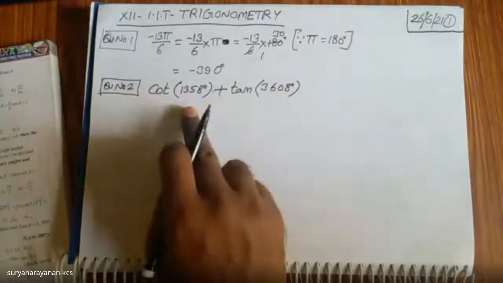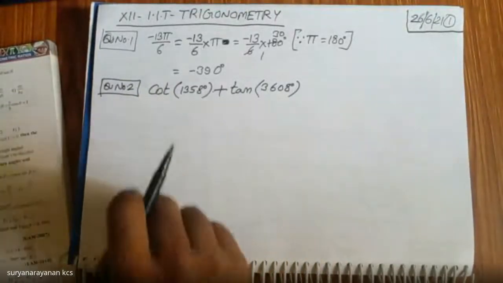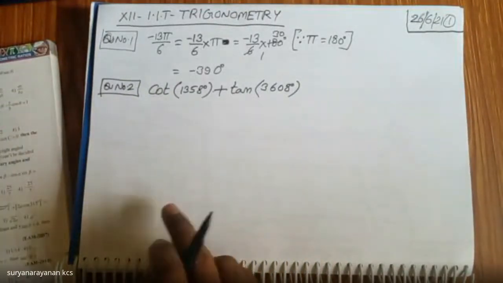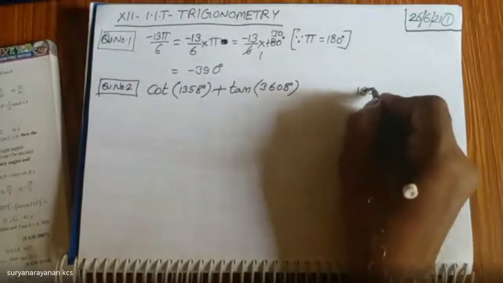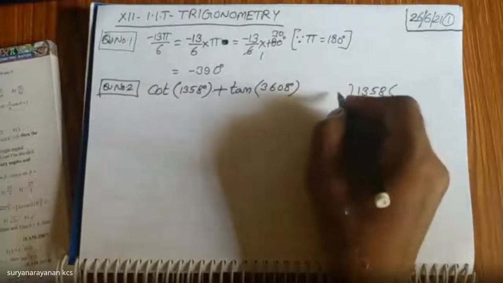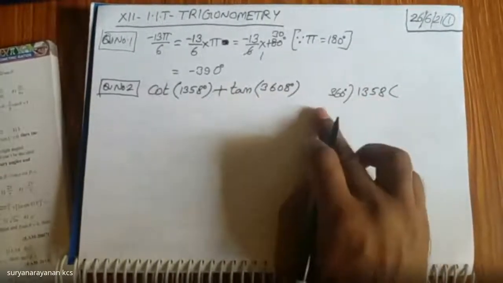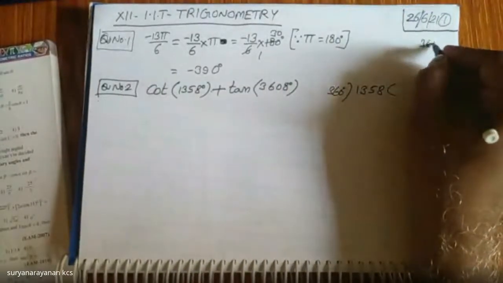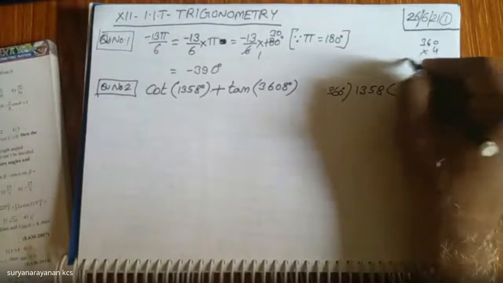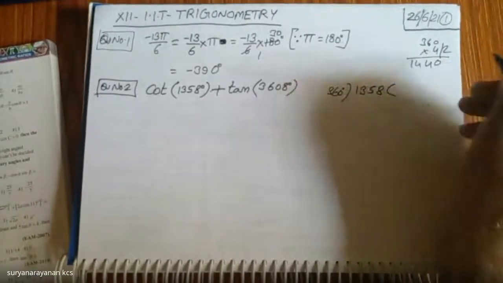Because the trigonometric ratios are cyclic. After 360 degrees, again we get the same value. Yes or no? Yes, sir. So divide 1358 degrees by 360. How many times does it go? 3 times.